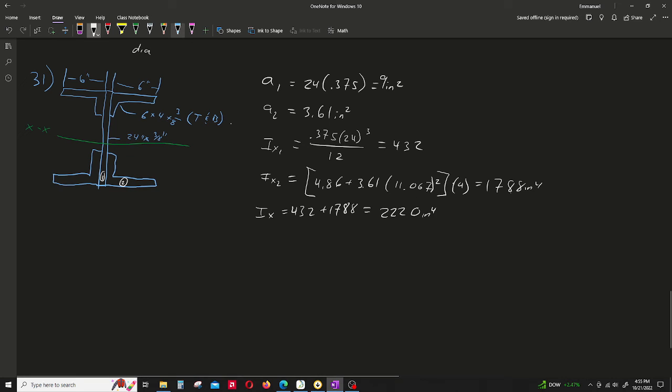Number 36. Number 36 says, a structural steel build-up section is fabricated as shown. Calculate for 1 the moments of inertia and for 2 the radii of gyration with respect to the x-x and the y-y centroidal axis.